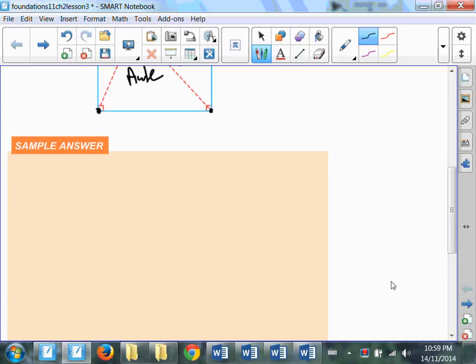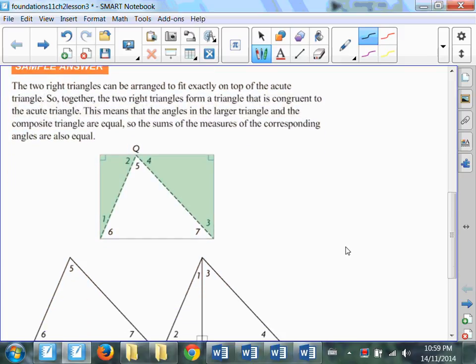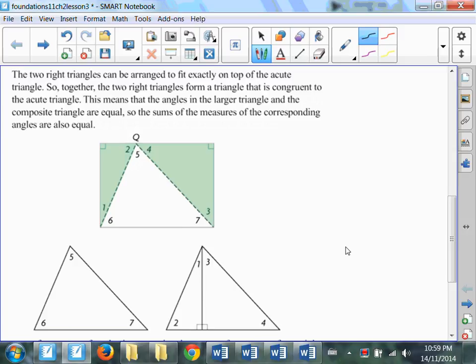Okay, so if we take a look at the answer here, the two right triangles can be arranged to fit exactly on top of the acute triangle. This means that the angles in the larger triangle and the composite triangle are equal, so the sums of the measures of the corresponding angles are also equal.